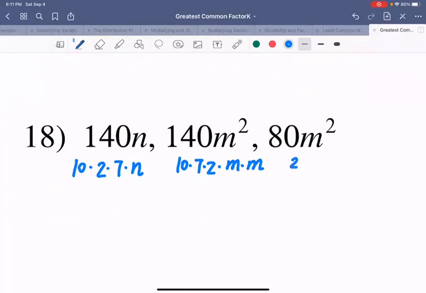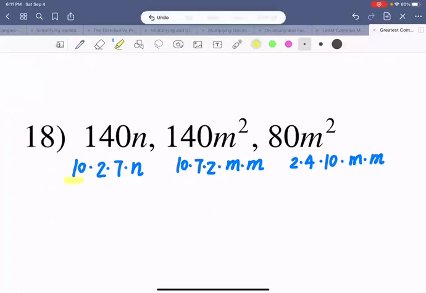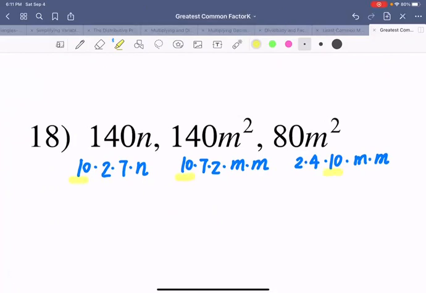Yeah, we can do that. That's fine. Times m times m. Okay, now let's highlight. Which one do you want to? The 10. There you go. Next. You have to look for those common ones. It's the 2, right? 2, 2, 2. Next.